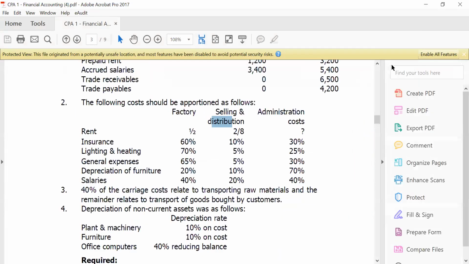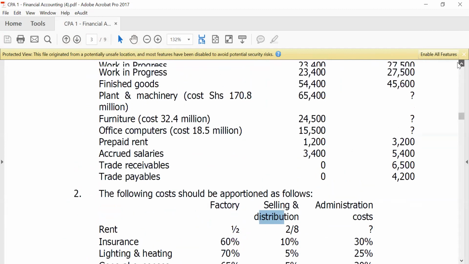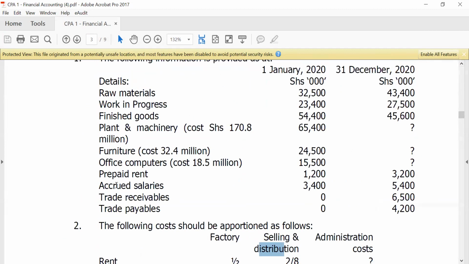When you come up here, finished goods, work in progress, and then raw materials. So as 32,500 was our opening inventory, 43,400 is our closing inventory for raw materials. So I'll pick the 43,400 and bring it here.